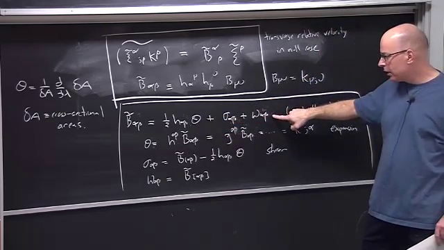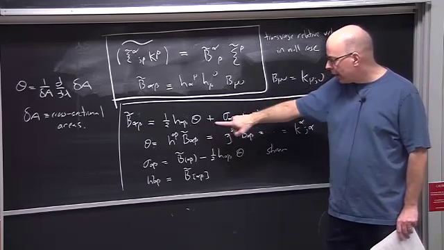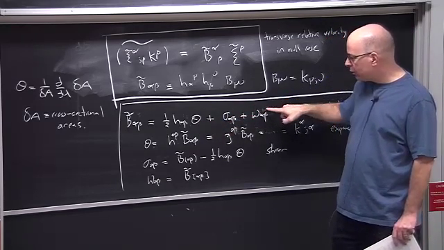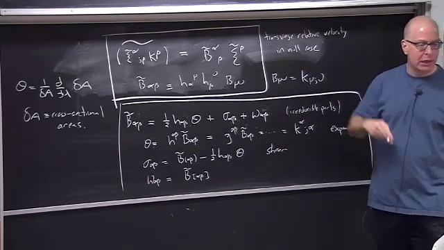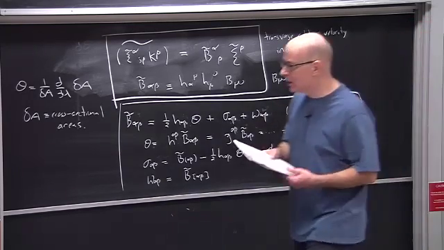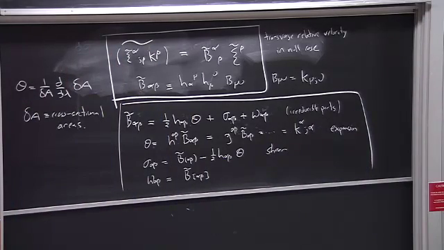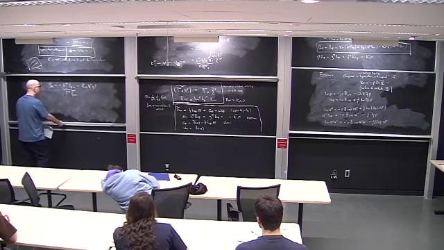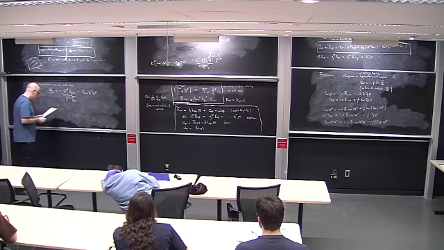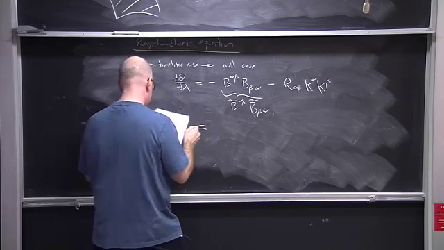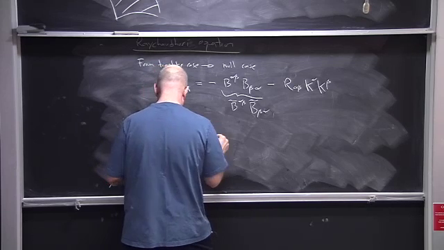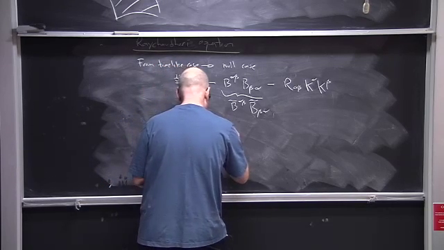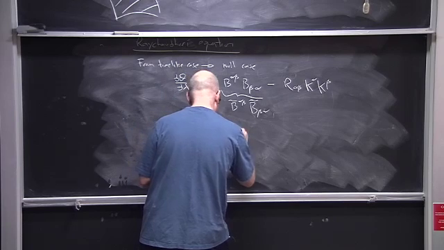So bottom line, the statement of Raychaudhuri's equation is very similar to what we had before. Instead of a minus 1/3, we get a minus 1/2 theta squared. And then we get minus sigma squared, plus omega squared, and then we get the Ricci term.